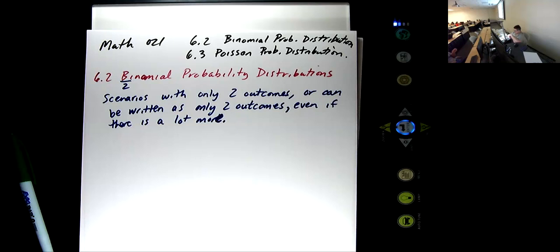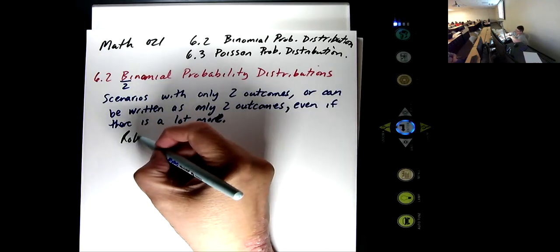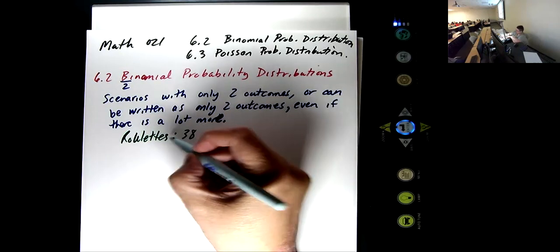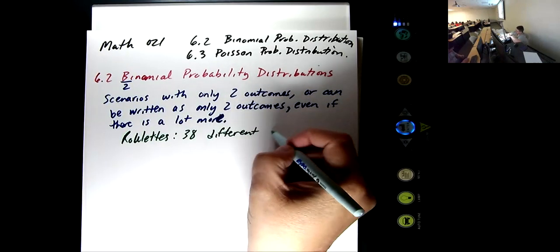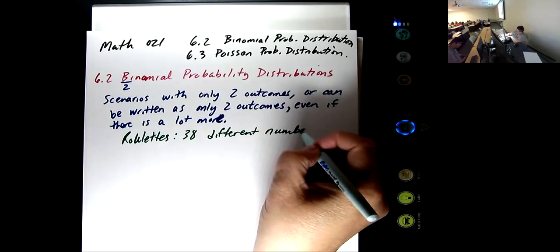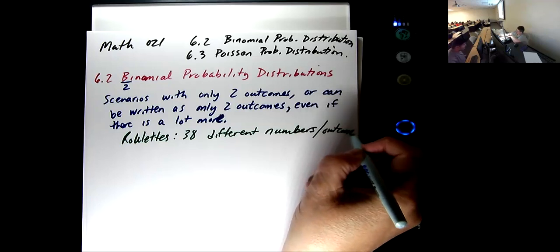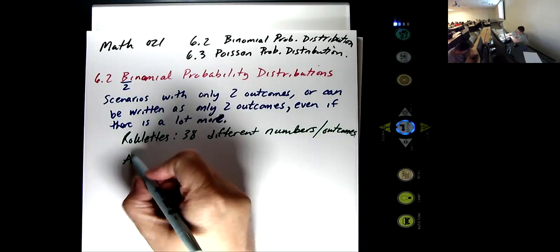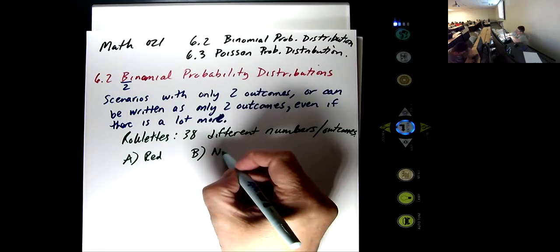Like previously we talked about roulette. Roulette has 38 outcomes, 38 different numbers. So that's 38 outcomes, but I can classify the events as A, red, and B, not red.